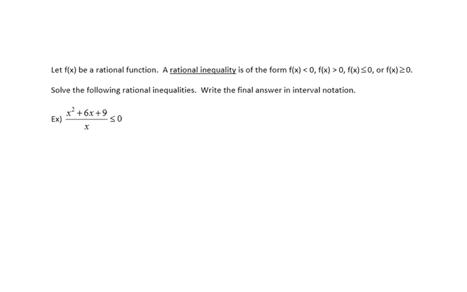Now, with a rational function, we know the zeros are in the numerator and we have restrictions in the denominator. So this is what makes this different than solving a polynomial inequality. Okay, so zeros.